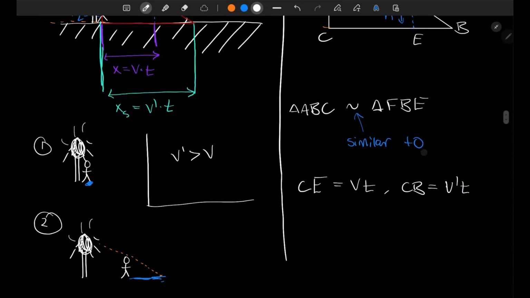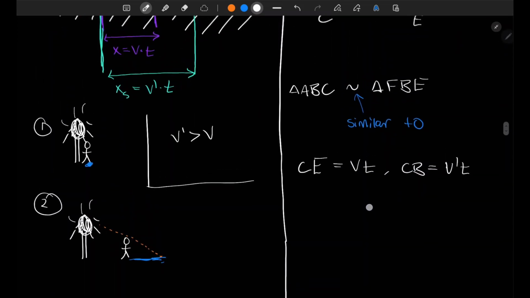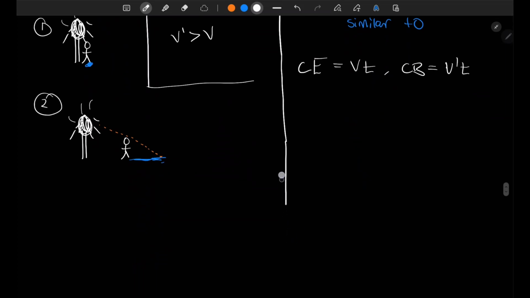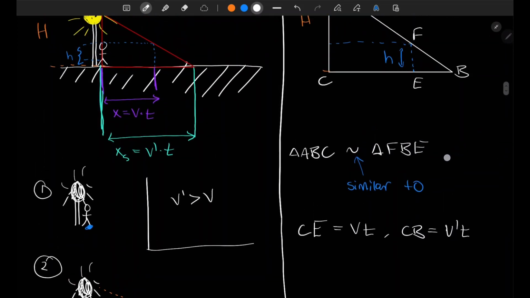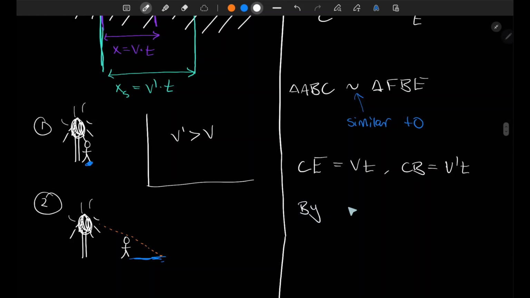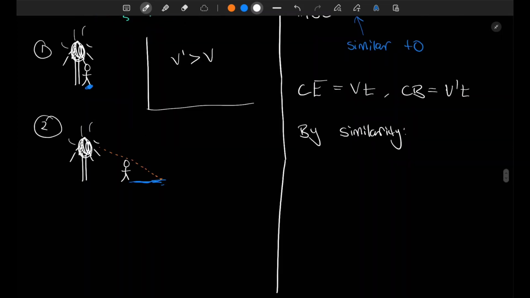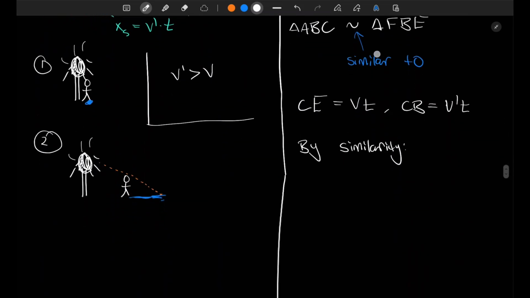Okay, but now we can use the similarity of these triangles. So, staying on the geometry side of things, by similarity, we know a fact about the ratios of the side lengths.